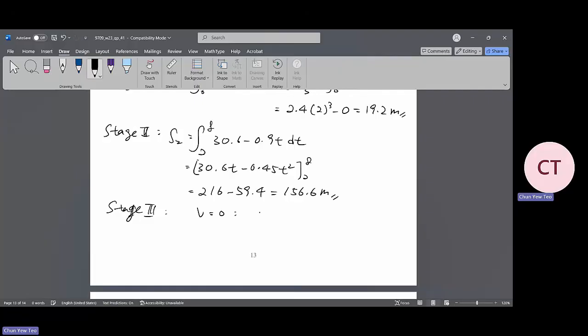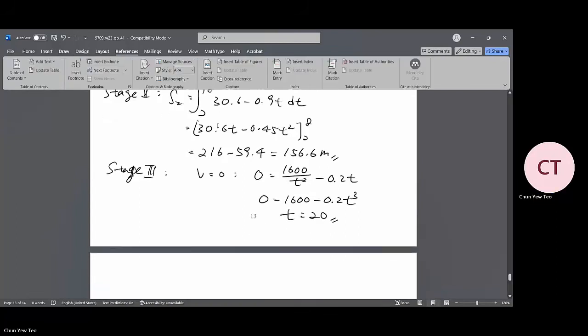So it will give you 0 is equal to 1600 over t squared minus 0.2t. So you need to solve it. Your t is actually equal to 20.